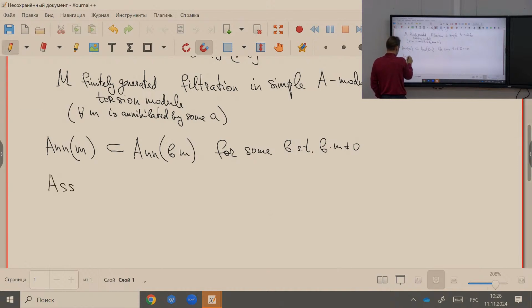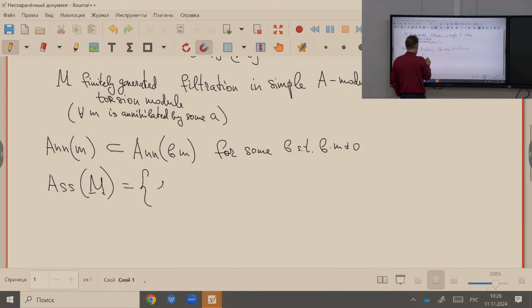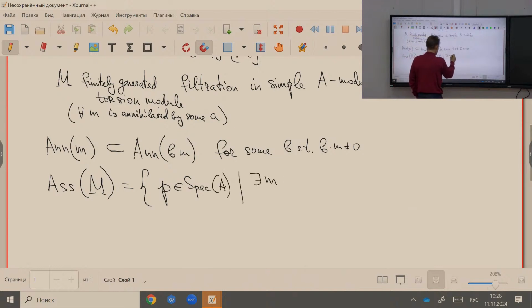We introduce the set of associated prime ideals, that is, the set of P in the spectrum such that there exists m in the module such that P is precisely the annihilator of this element m.